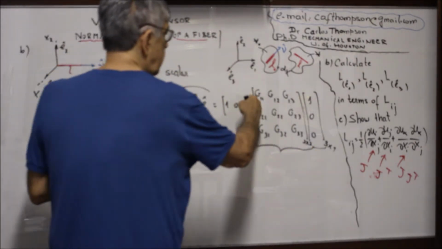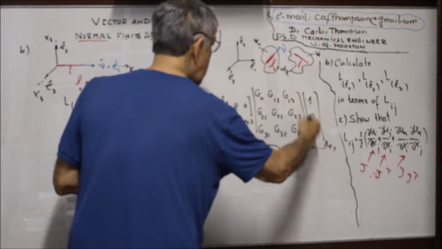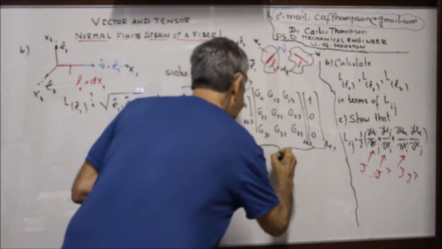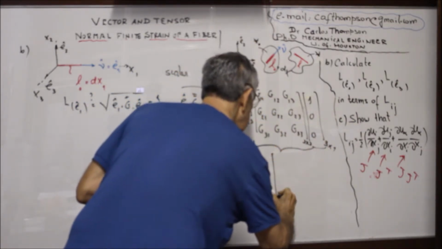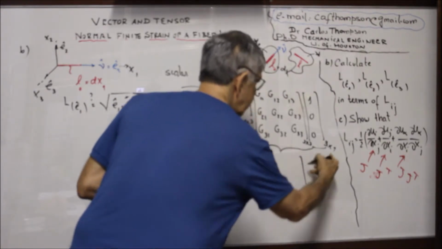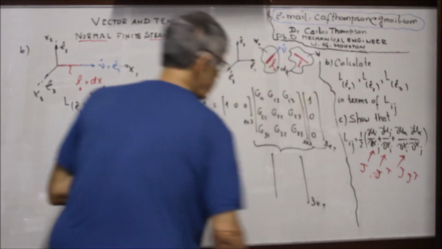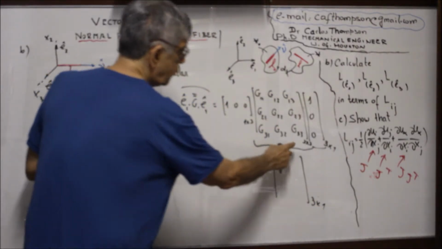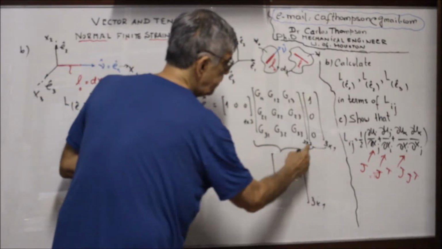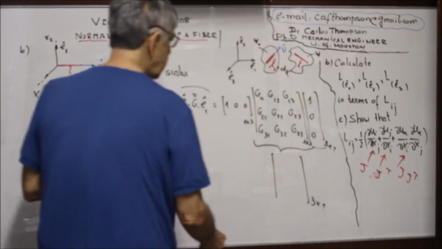Now let's do this product. The first row times this column gives G11. The second row times this column gives G21, and then G31. So 3 by 3 times 3 by 1 will be 3 by 1.